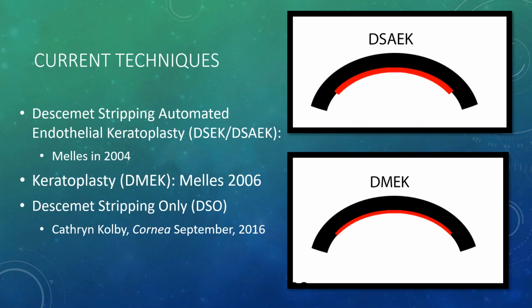Now, DMEK is only about 15 microns. It involves the endothelium and Descemet's membrane only. So big difference there. Descemet stripping only, or DSO, was described in 2016. That's a procedure where we're just stripping out guttae and allowing the peripheral endothelial cells to migrate into the gap and clear the edema. And we'll talk a little more about that.